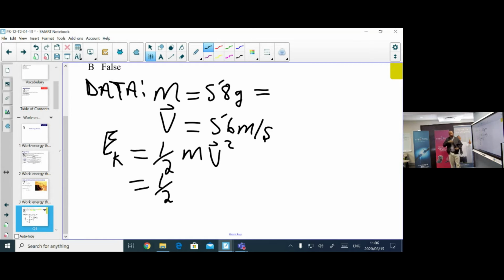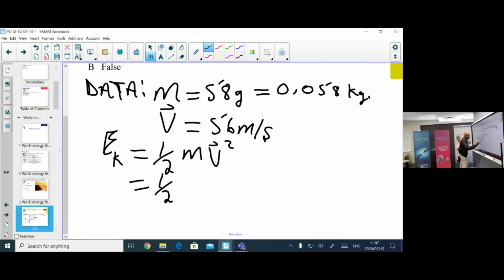You have to divide by 1,000. That is 58 divided by 1,000, which equals 0.058 kilograms. Then you are going to substitute the given information into this formula of kinetic energy.